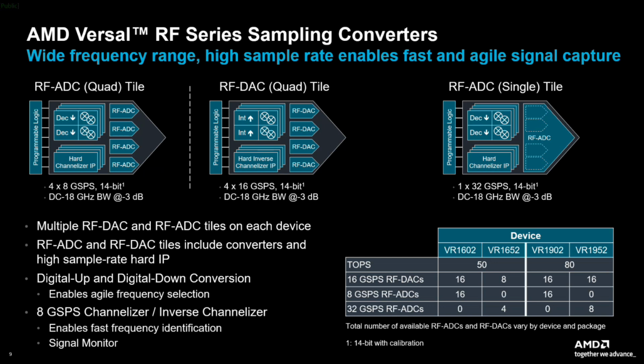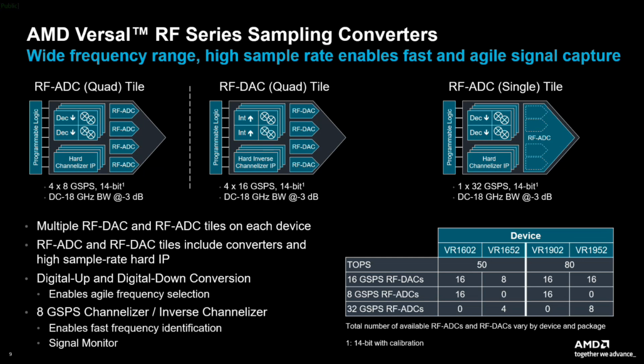So in that case, you actually have 1 32 gigasample ADC per tile, okay? And again, it goes from DC to 18 gigahertz. These parts are not configurable at runtime, or even when you build your FPGA design. You have to order these parts separately, okay? They actually are in slightly different packages, although they have a compatible footprint.